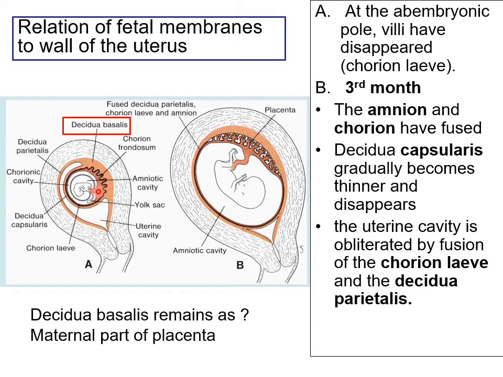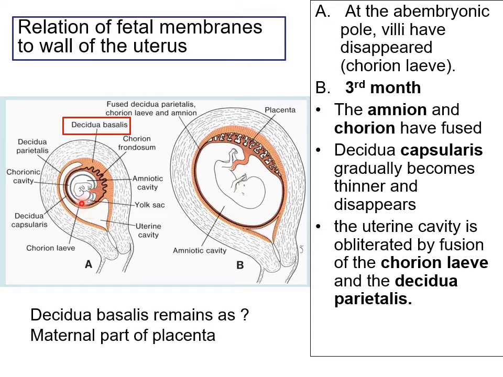Now, what are the parts of the chorion known? We've already seen this, that the part where the chorionic villi develop, that is known as chorion frondosum, like branching, and that's the site of the placenta. And the rest of the chorion where the villi are disappearing is known as chorion laeve. Okay, we'll see in the next picture.